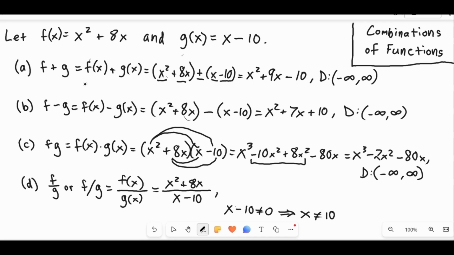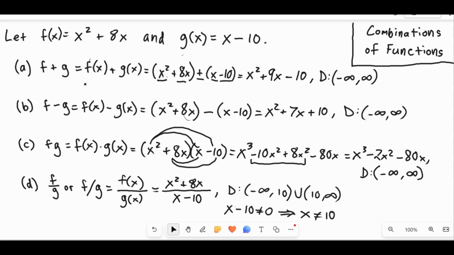And sometimes this is how you write the domain. You just write what x cannot be equal to, okay? But we have learned how to write the domain in interval notation, which would be negative infinity up to 10, parenthesis, so we'll leave 10 out, union 10 up to infinity, okay?